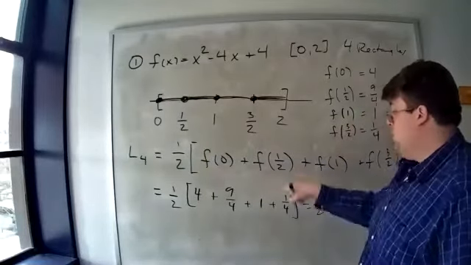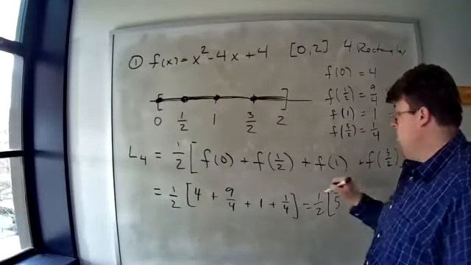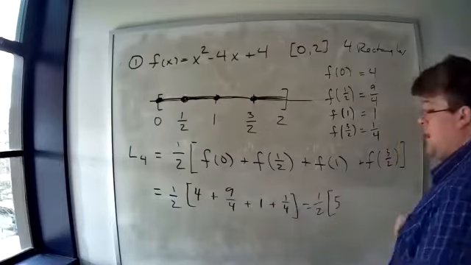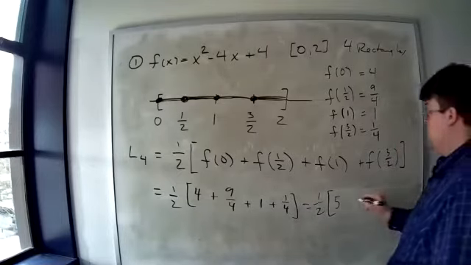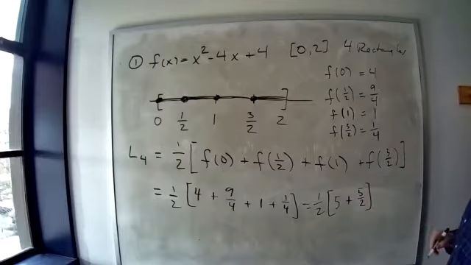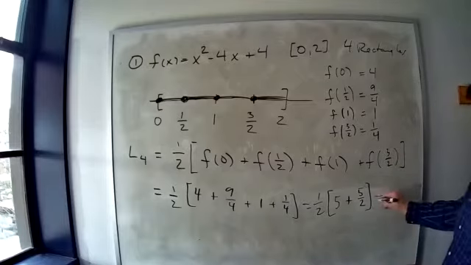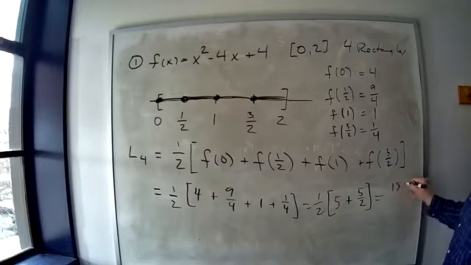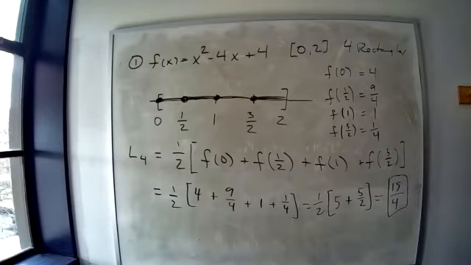We get 1/2. 4 and 1 make 5. 9/4 and 1/4 make 10/4, which reduces to 5/2. 5 plus 5/2, 7.5, 15/2. And 15/2 times another half puts another 2 in the denominator. So 15/4. Any questions about the first approximation?